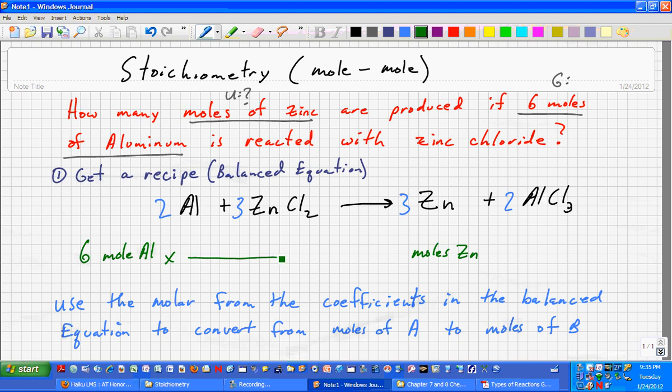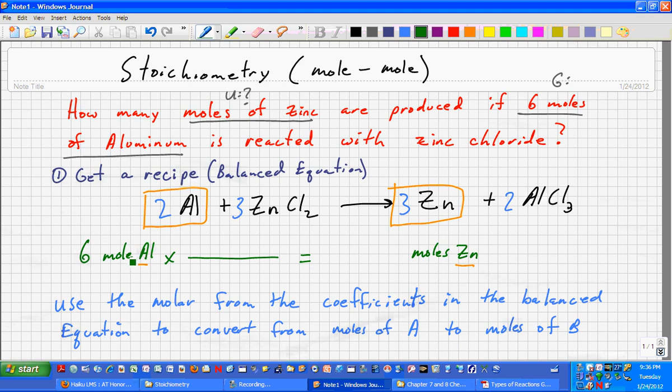What I typically do is I'm looking at aluminum and zinc. So I go ahead and box those 2 in, my aluminum and my zinc. Those are the 2 materials. Aluminum could be material A, zinc is material B, and I'm trying to get from one material to the other.